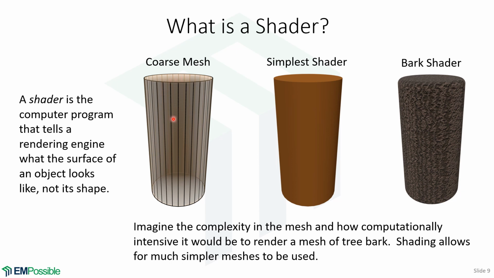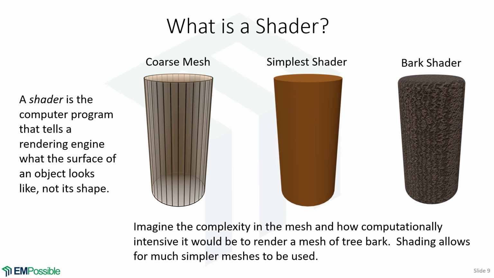So we can create a very coarse mesh, and with a simple shader, we just say, hey, that's some kind of brown. But we can get more complicated. In the shader itself, we can make it look as if it's bumpy and craggly. But actually, it is just this mesh. Those bumps aren't actually there. Those are tricks that the shader is doing.